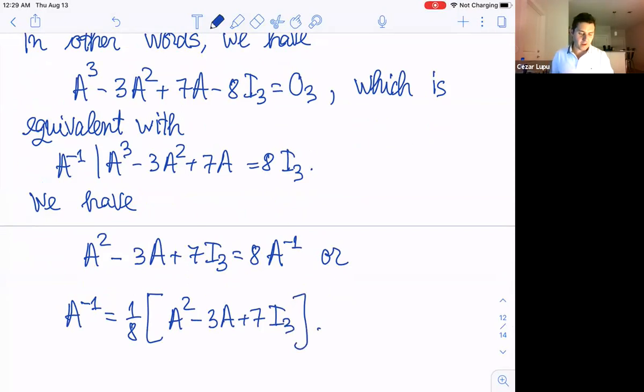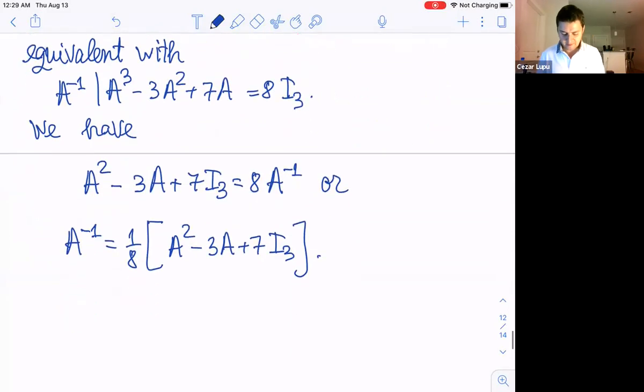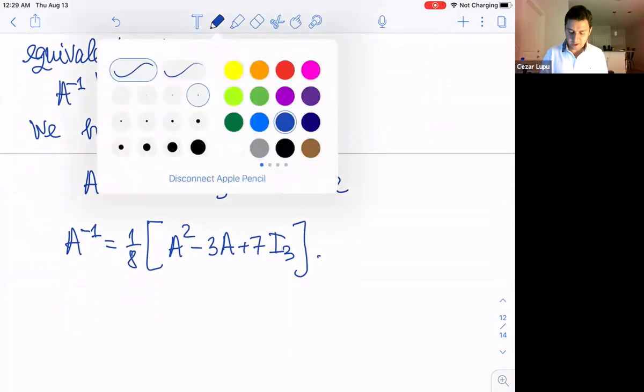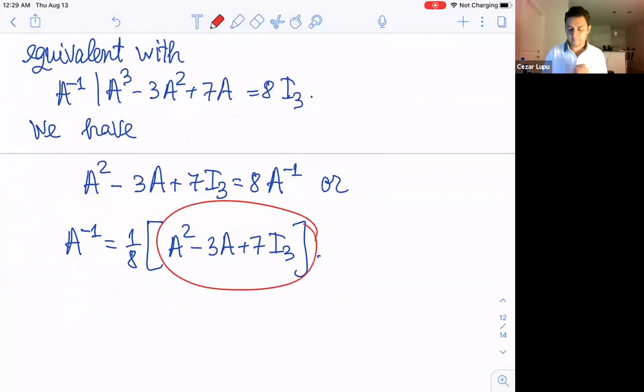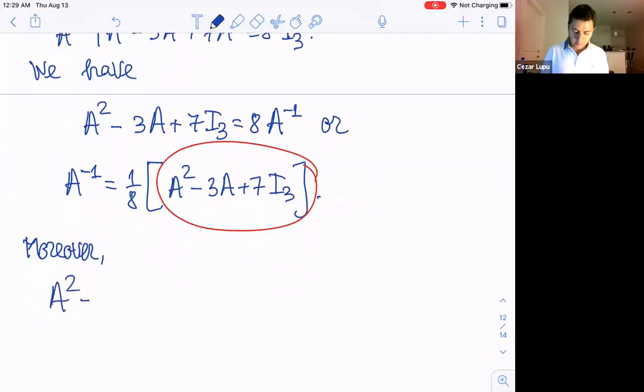Well, now if you want, you can do the computations and you will see that, in fact, let's do them. So now we want to see who this is: A squared minus 3A plus 7 times the identity. If we want to compute this, well, I have some computations here for A squared.